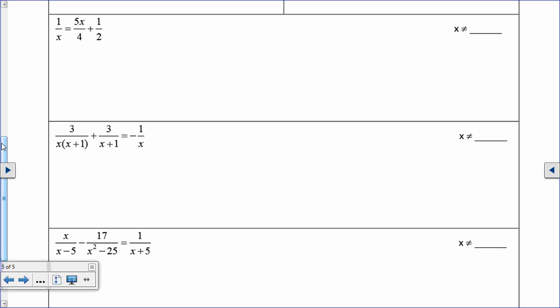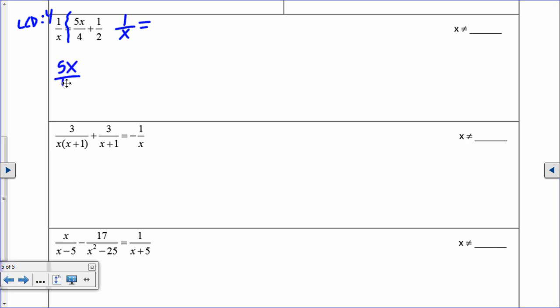Alright, so for this one, do I have anything to worry about on the left side? Nope. On the right side of the equation, though, I need to combine these 2 together. So what do I need the common denominator to be? 4. So the first one already has the 4.